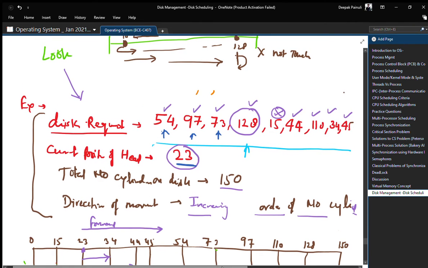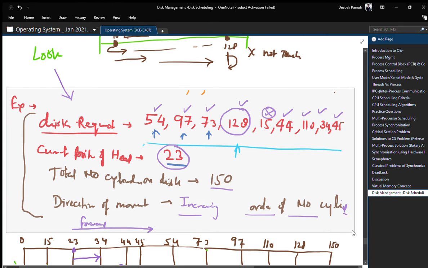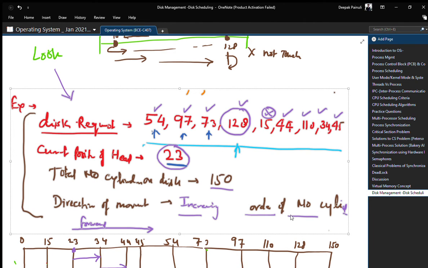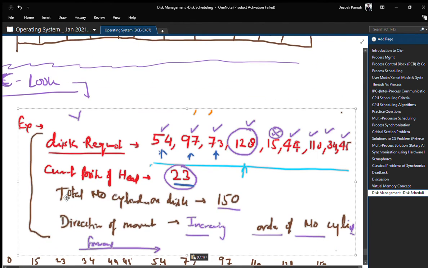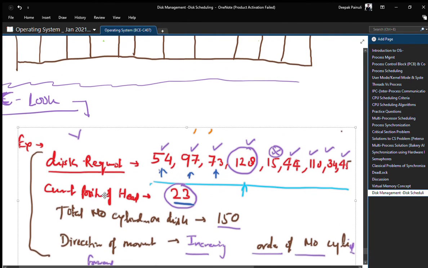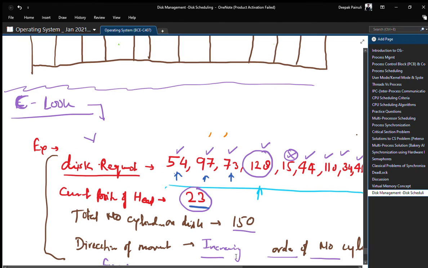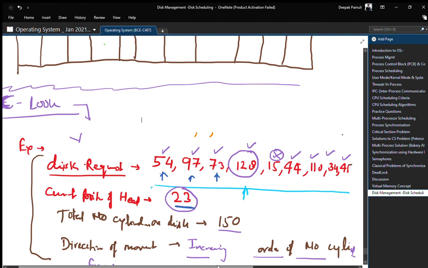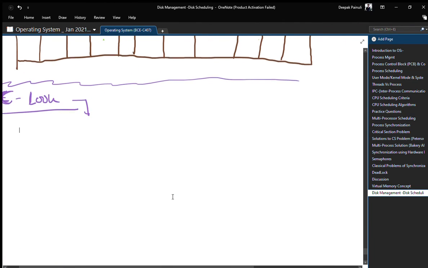So let me copy it and paste it here. Using the same example, we'll understand our C-LOOK algorithm, right? So C-LOOK is the same as our C-SCAN.